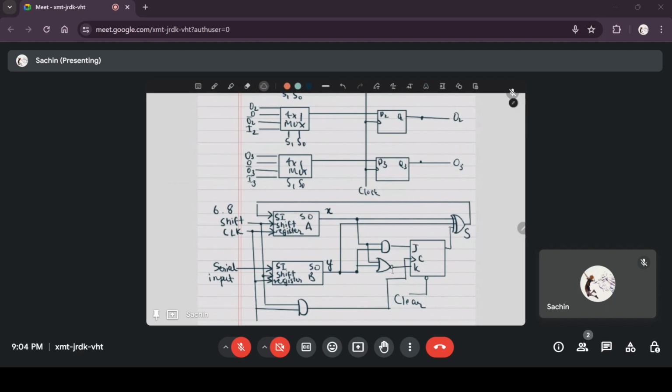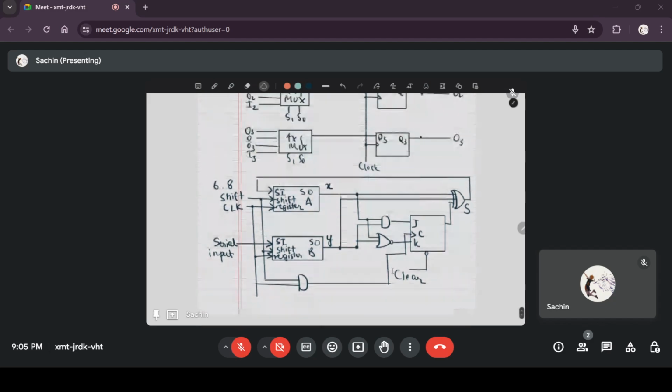So in this way, this will do addition serially. And the sum is stored into the shift register A.